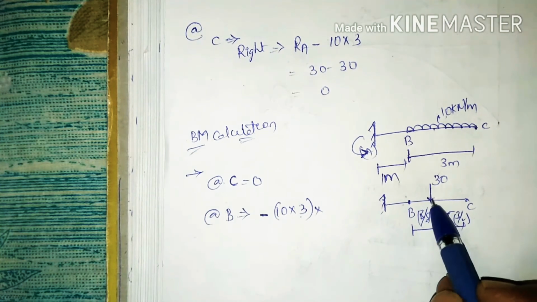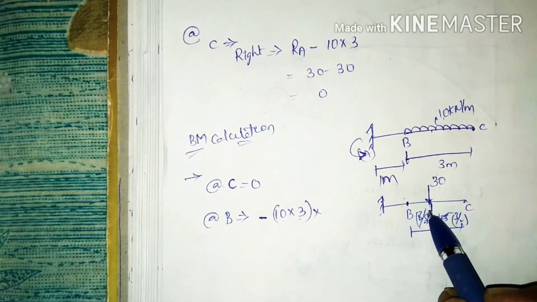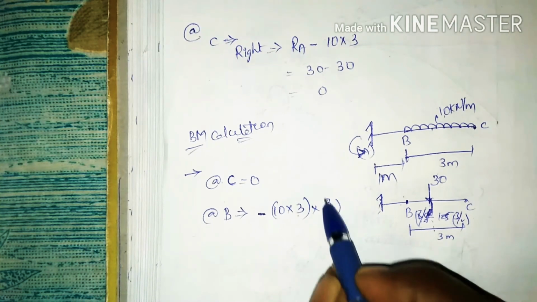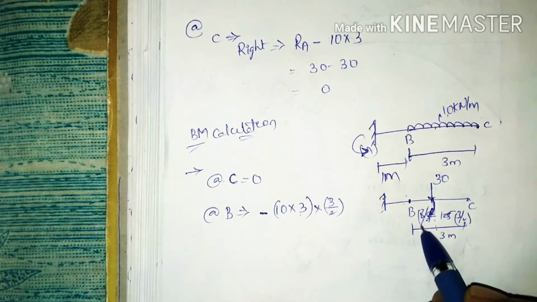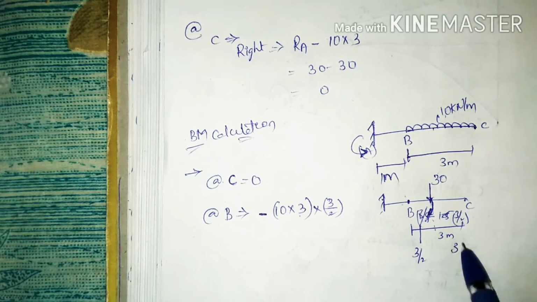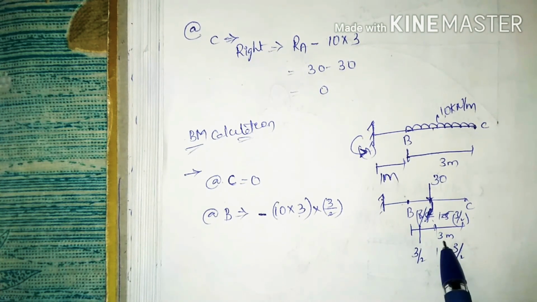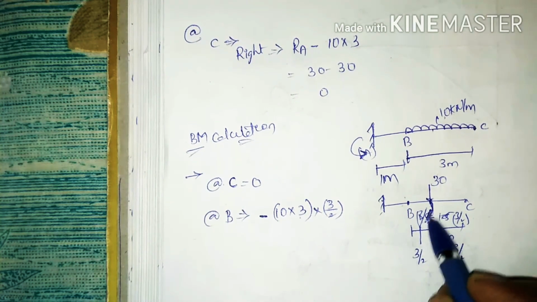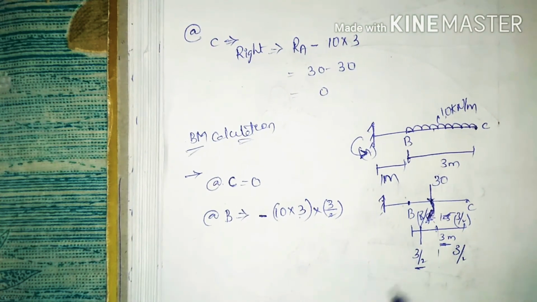This is half of the distance of 3 meters, so the moment is taken at a distance of 3 by 2.